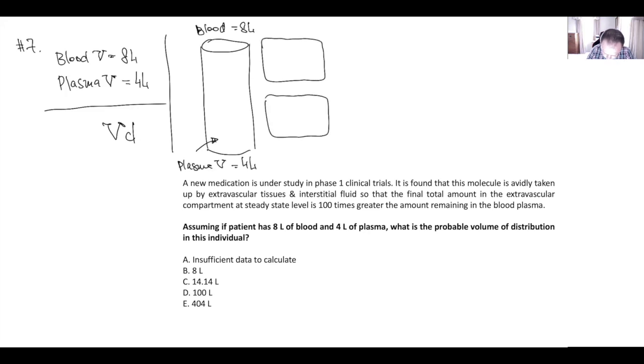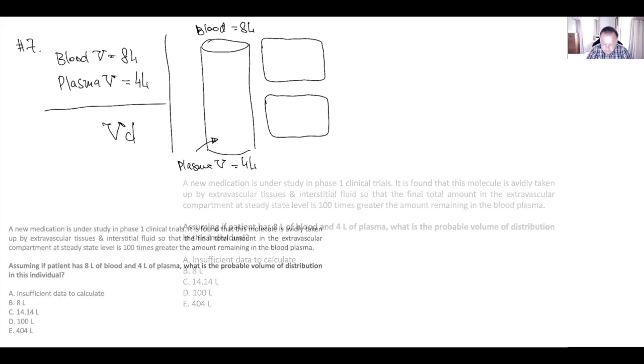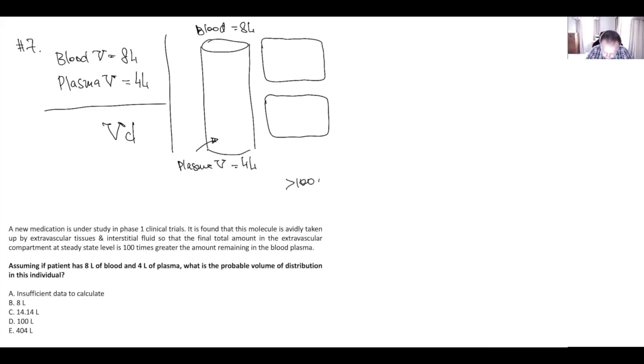And we know that concentration in the extravascular compartment is 100 times higher than concentration in the vascular compartment. If we assume that X is the concentration or amount of the medication in the plasma, then here we will have 100x, 100 times higher.